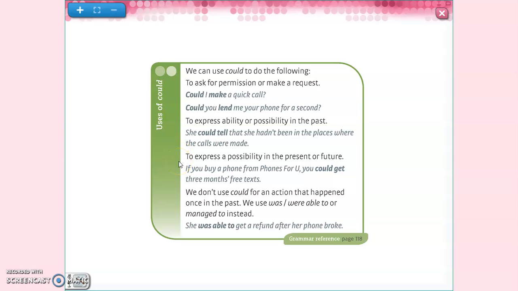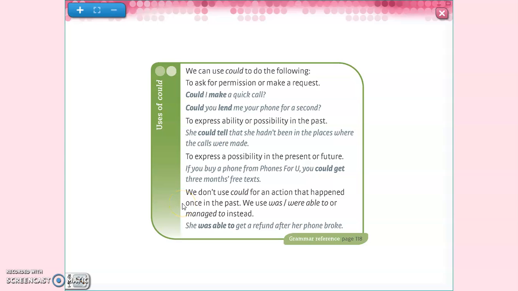Now, to express a possibility in the present or future, now we have a conditional, right? The second conditional. If you buy a phone from Phones for You, a company, you could get 3 months free texts. We don't use could for an action that happened once in the past. That's not possible.